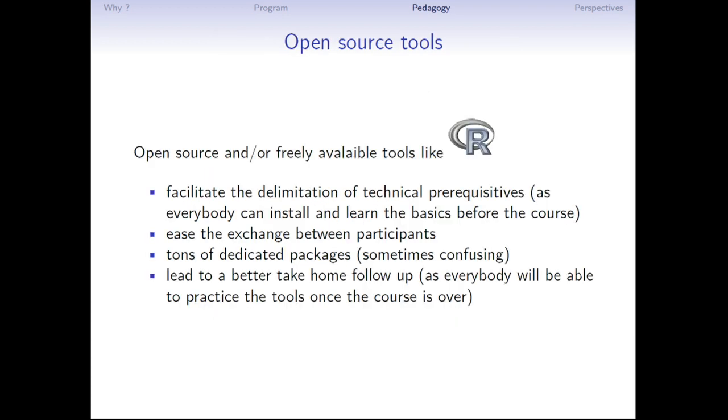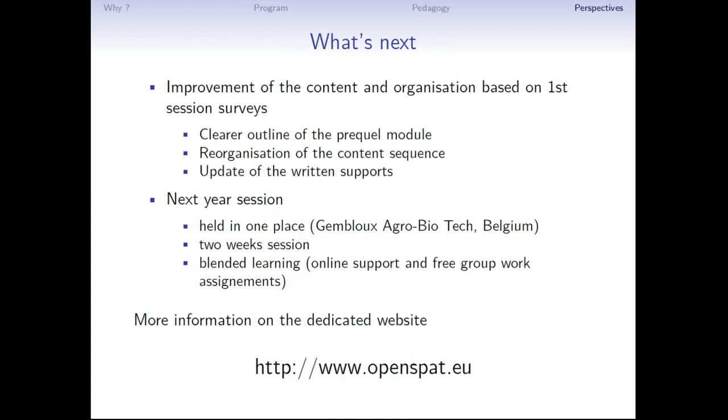Some of them were more statisticians or geometricians, so it was very good for us. Also, the choice of open source tools was very good because they could keep that information and go back to their institution with it, because everybody can install R very easily, so there were no barriers.